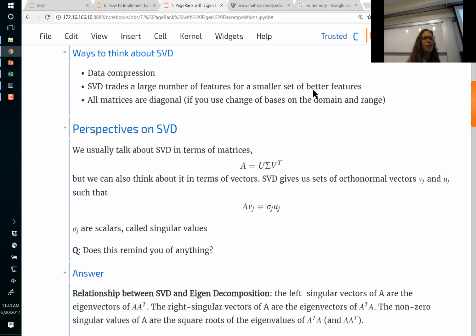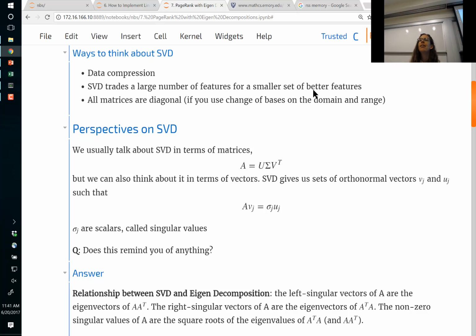So a few different ways to think about SVD. One is data compression. This comes up with PCA, where you drop many of your lower singular values, the less informative parts, and get something that fits in a smaller space. Another, related way to think about it is that SVD trades a large number of features for a smaller set of better features.